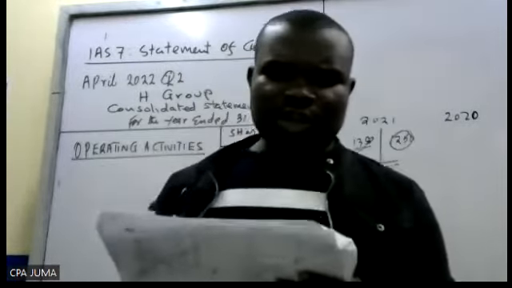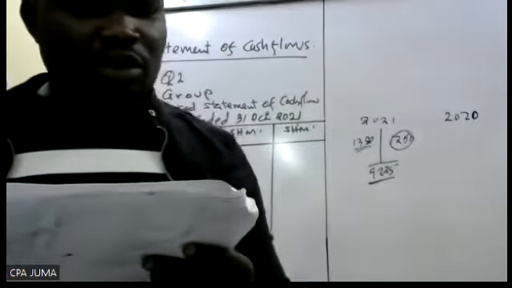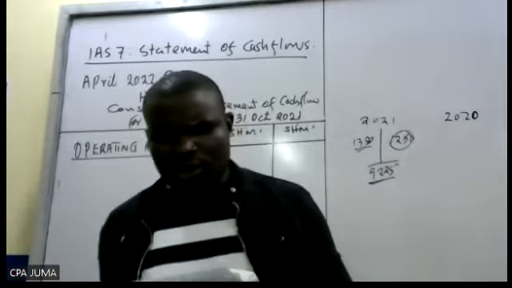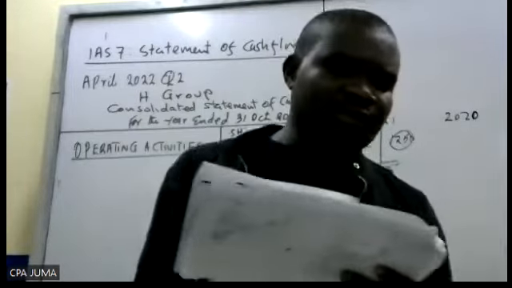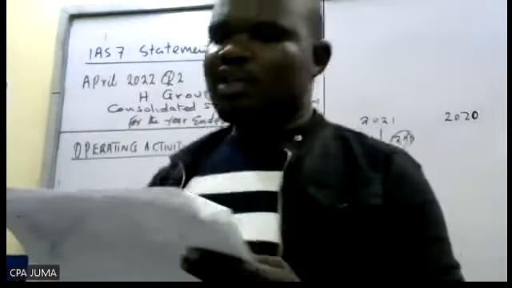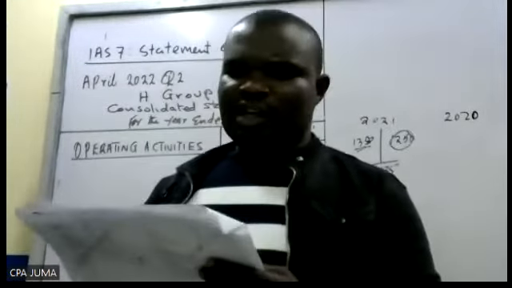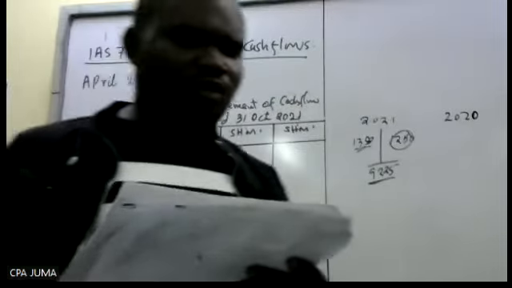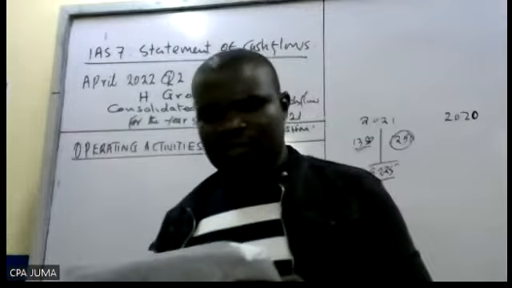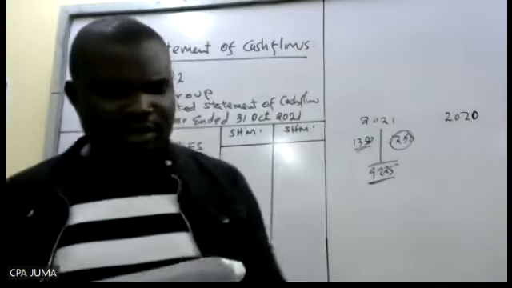The following schedule relates to the depreciation charge to profit or loss during the year, which was 260. The following schedule relates to the financial assets at fair value through other comprehensive income: balance at the start, carrying amount of the financial assets, purchases of financial assets, fair value gain of financial assets.